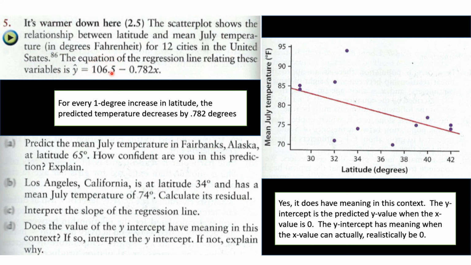Remember that this is the y-intercept, and then the slope is going to be the number right before x. So the y-intercept has meaning when the x value can actually realistically be 0, and you can have a latitude of 0 degrees. That's going to be any location that's along the equator.